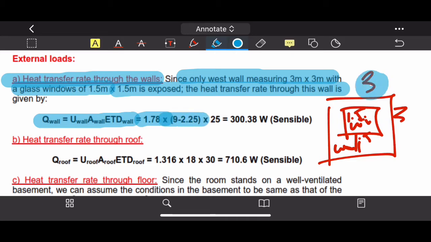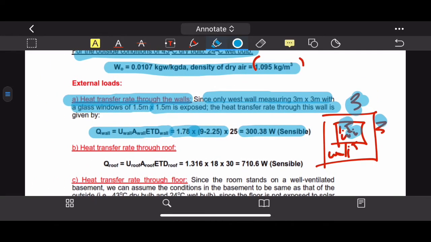That means 3 times 3 is 9, 1.5 times 1.5 is equal to 2.25. Okay, times 25. Right, times 5, you get 300.38 watts sensible heat.